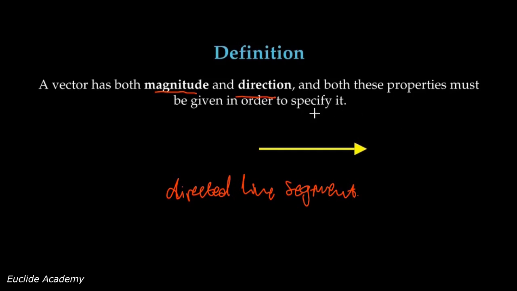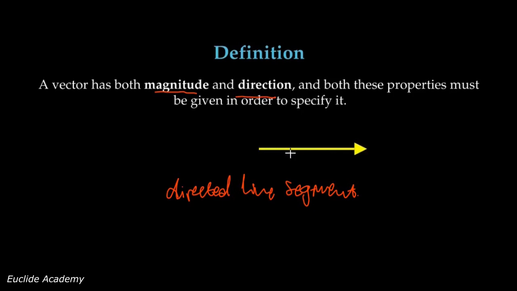So in a mathematical sense, when we represent vectors, this is what we are talking about. The length of this line represents the magnitude of the vector, and the direction where it's pointing represents the direction of the vector.